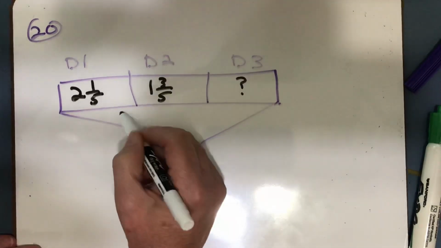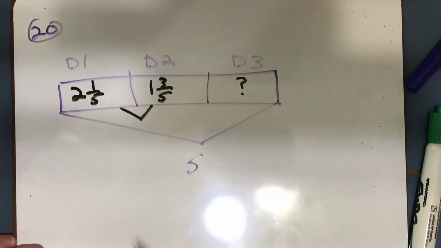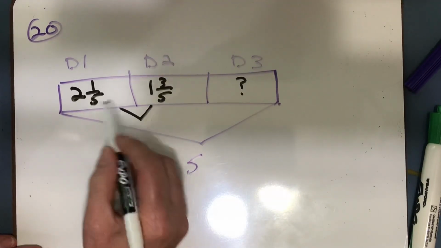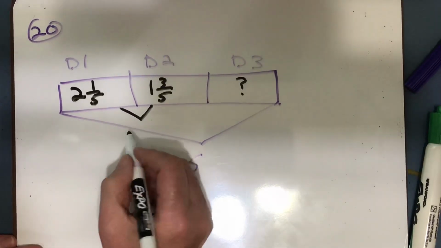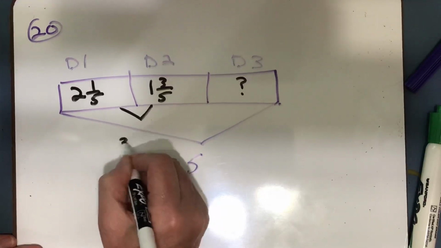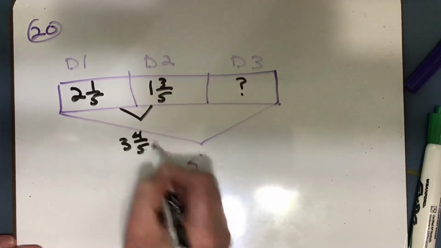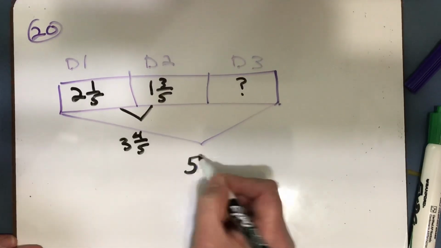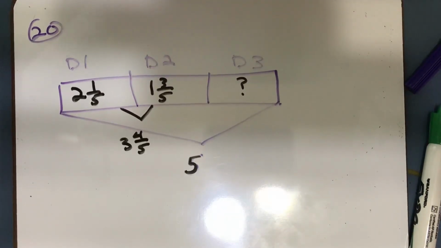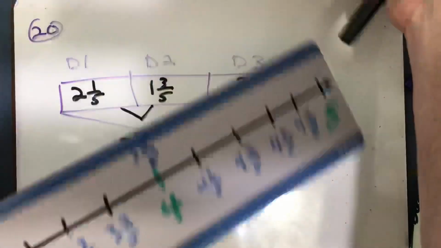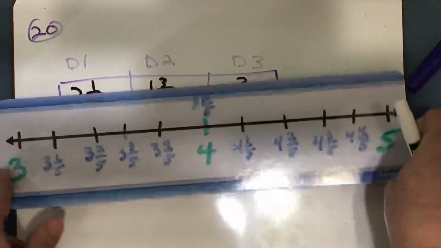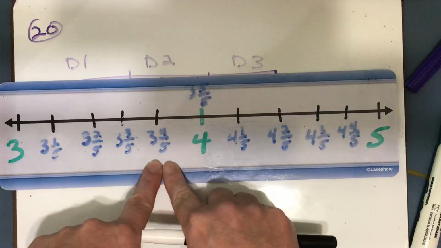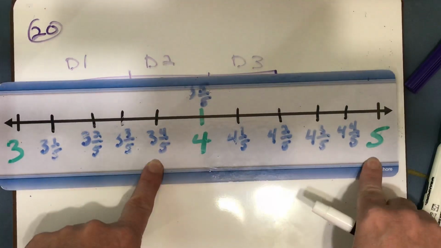So my first step is to add day 1 and day 2. So when I add 2 1/5 plus 1 3/5, I get 3 4/5. So now I have to think, 3 4/5 plus what will equal 5? Let's look at this number line that I made. Okay, here is 3 4/5. We need to get from here to 5.